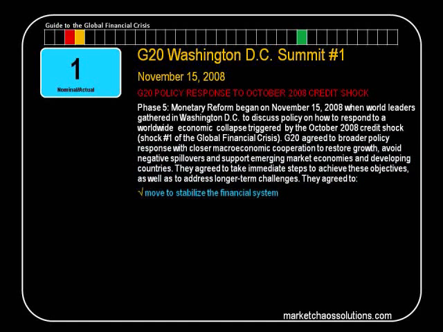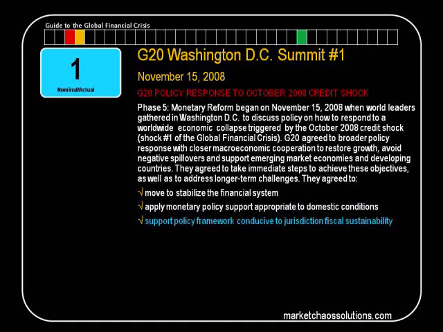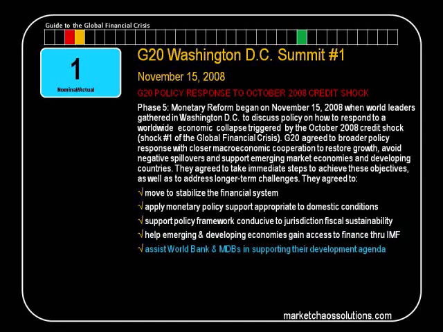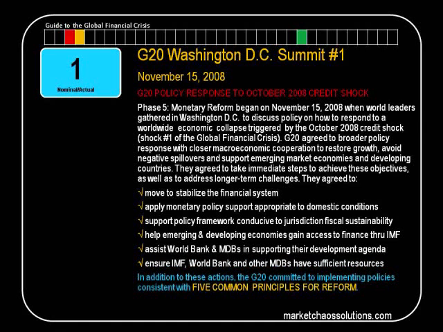They agreed to move to stabilize the financial system, apply monetary policy to support appropriate domestic conditions, support policy framework conducive to jurisdiction fiscal sustainability, help emerging and developing economies gain access to finance through the International Monetary Fund, assist World Bank and multilateral development banks in supporting their development agenda, and to ensure IMF, World Bank, and other MDBs have sufficient resources. In addition to these actions, the G20 committed to implementing policies consistent with 5 common principles for reform.